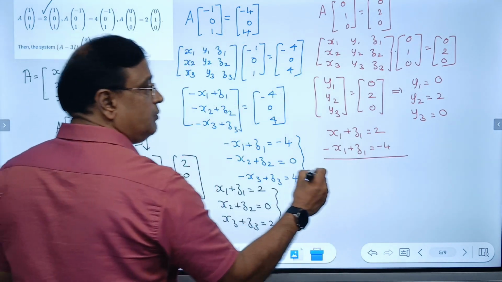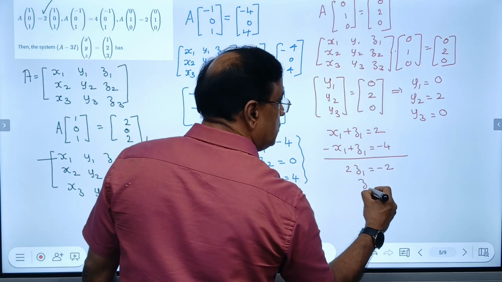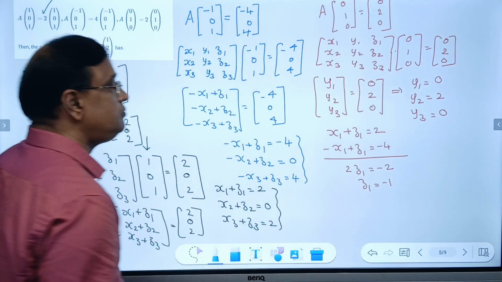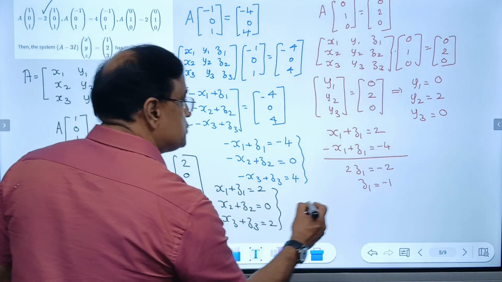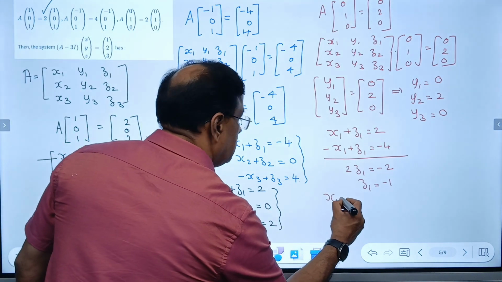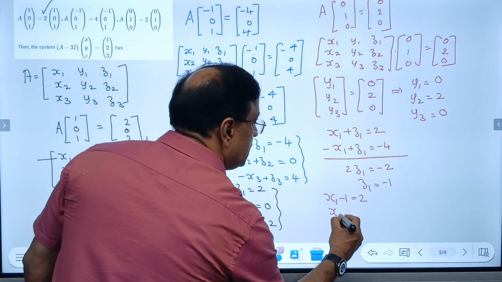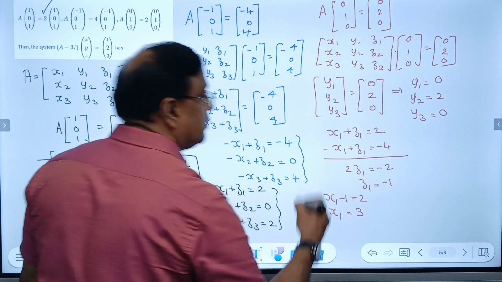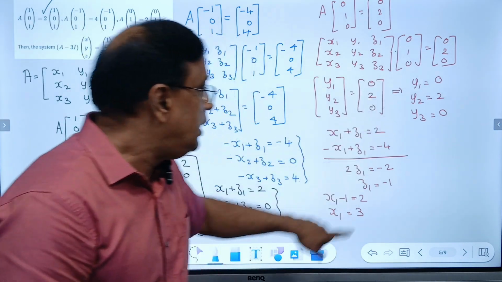You add them, you get 2z1 equal to minus 2, z1 equal to minus 1. Once you get z1 is minus 1, you can substitute: x1 minus 1 equal to 2, therefore x1 equal to 3.